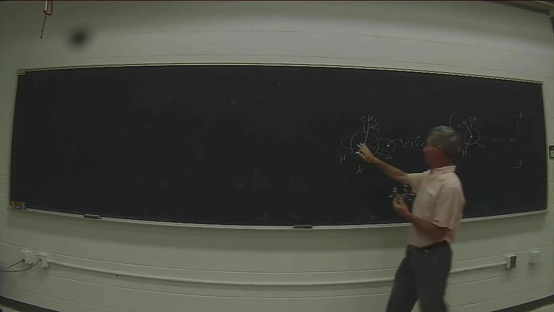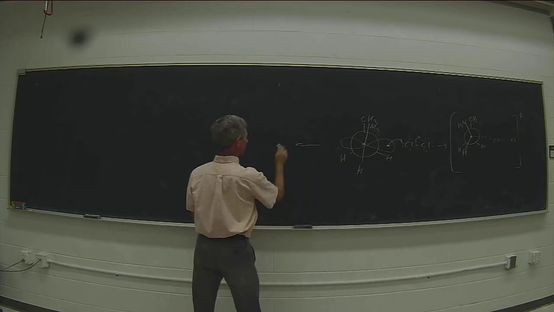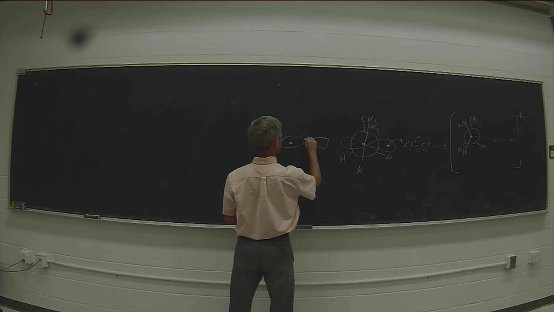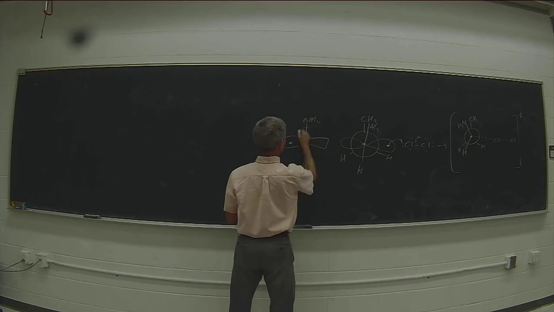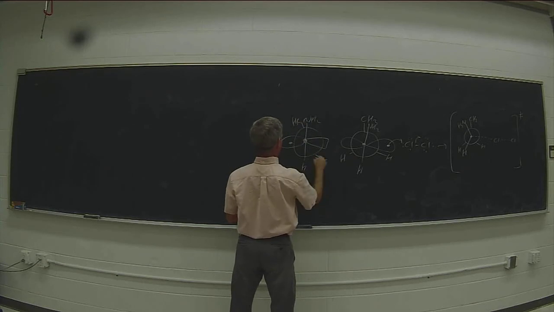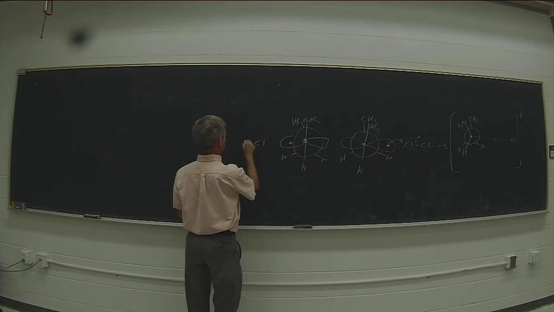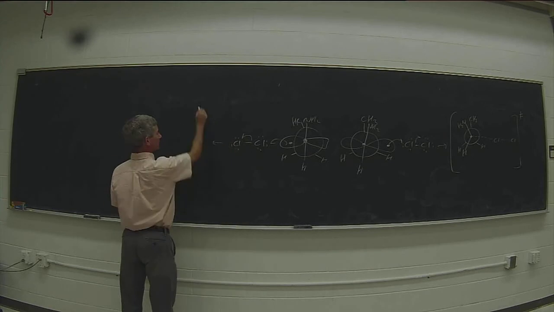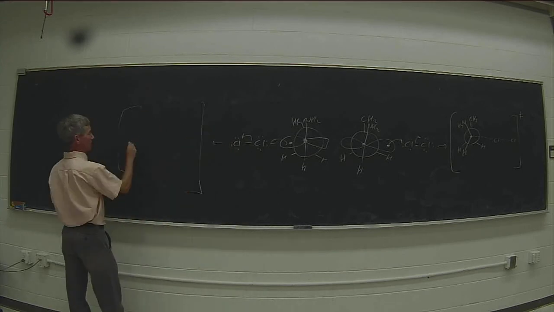And if the radical were on this side, when it reacted with Cl2, we would get this.